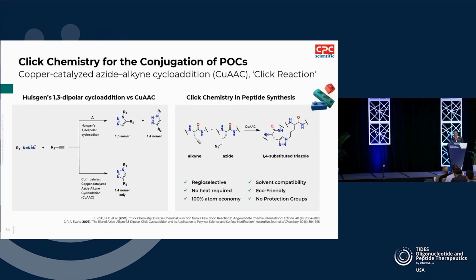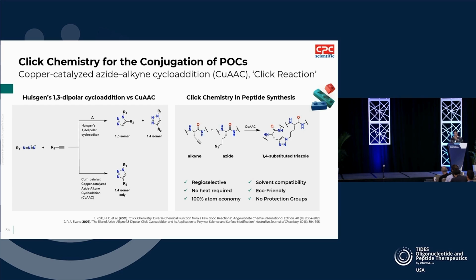The click chemistry reaction, specifically the copper-catalyzed azide-alkyne cycloaddition, or just the click reaction, offers significant advantages over the traditional Huisgen 1,3-dipolar cycloaddition. This is a big improvement over the standard process that was done many years ago.